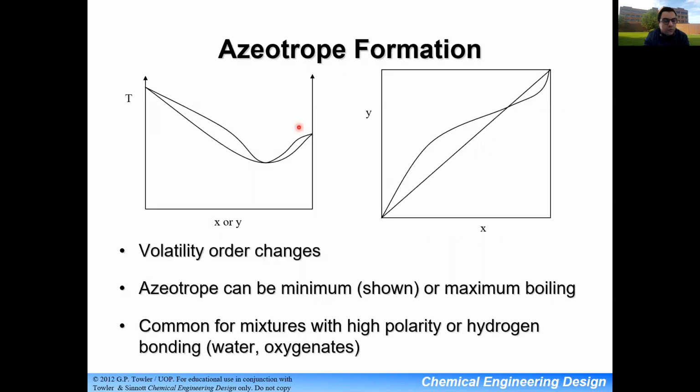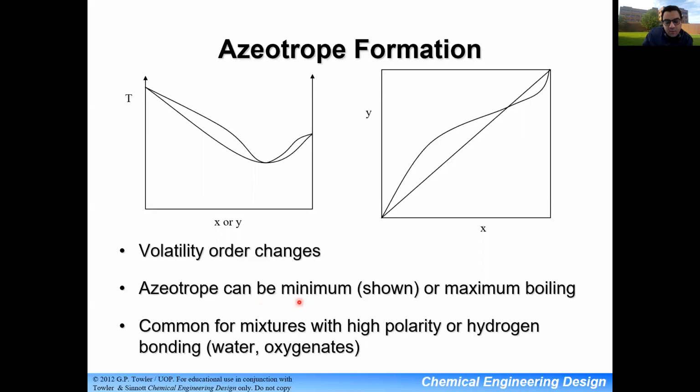Azeotropes. An azeotrope, again, is a mixture in which my volatility order changes, right? Where I have my TXY or my YX diagram, I have this cross. So at this point, this species is more volatile, but after a certain concentration or a certain mixture composition, this species starts becoming more volatile.